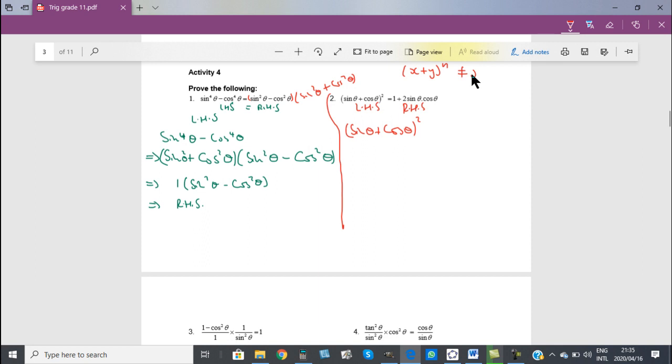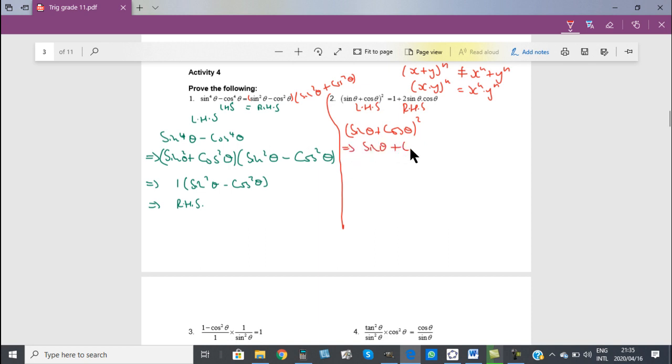This is not the same as x to the n plus y to the n. It's that if the operation is multiplication, so if you had x times y to the n, then this would have been x to the n times y to the n.